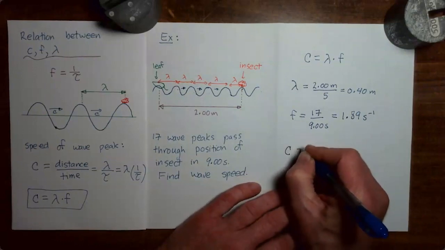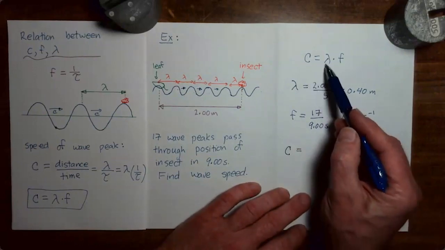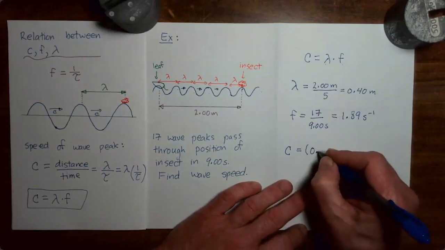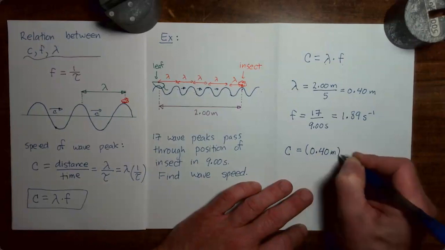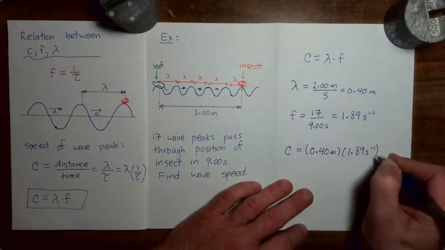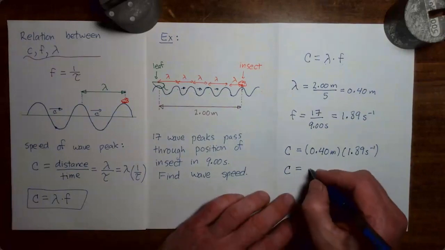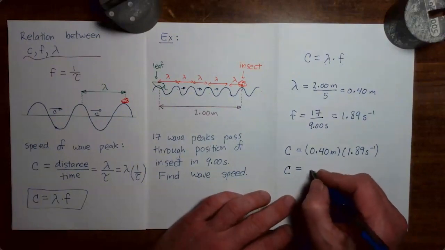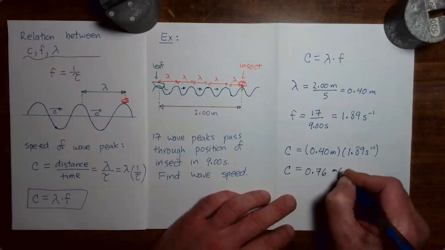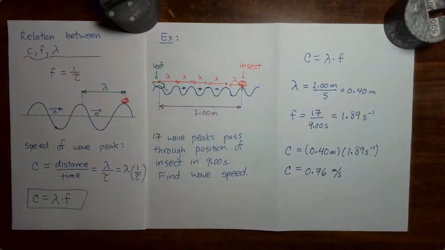So now we can get the wave speed. The wave speed would be wavelength times frequency, so let's substitute. Wavelength, 0.40 meters. Frequency, 0.78 inverse seconds. Putting that in my calculator, I get that the wave speed is 0.31 meters per second.